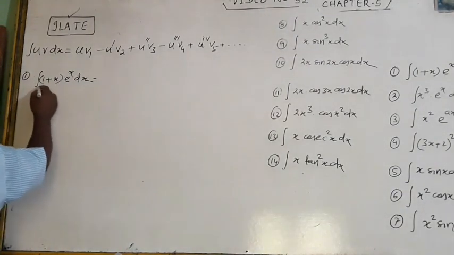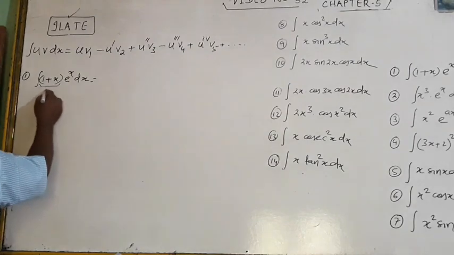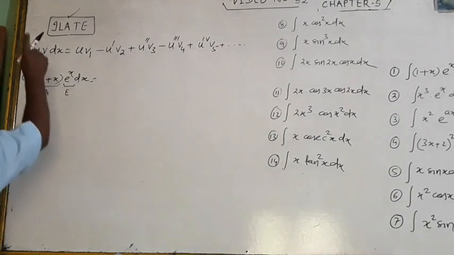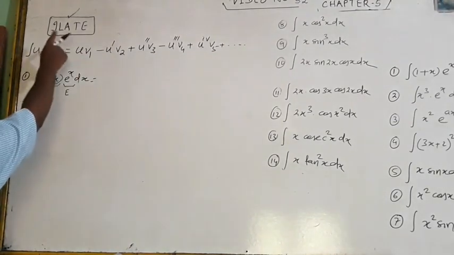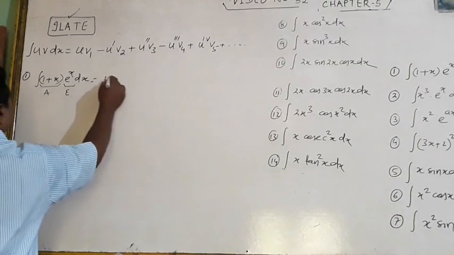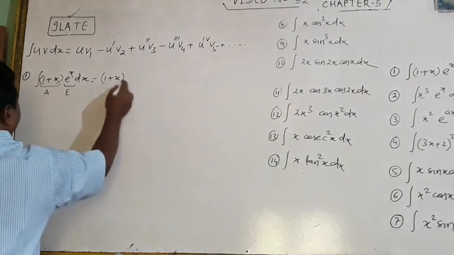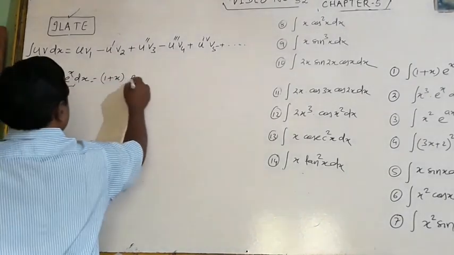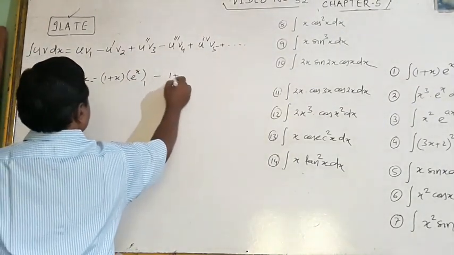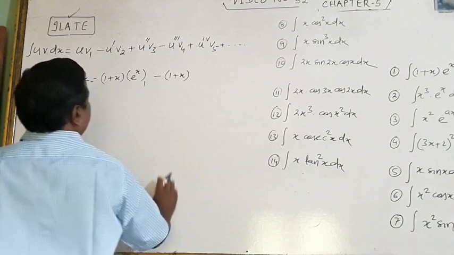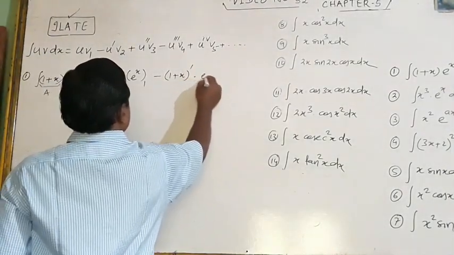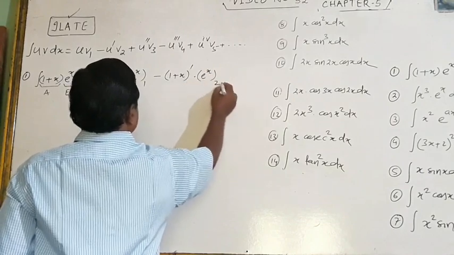Then tell me what you will do. This is algebra, and this is your exponential function. I am telling it for algebra and exponential or algebra and trigonometry. First you have to take this as u. First it remains, integration means e to the power x integration, minus derivative of this 1 plus x, derivative into e to the power x integration.